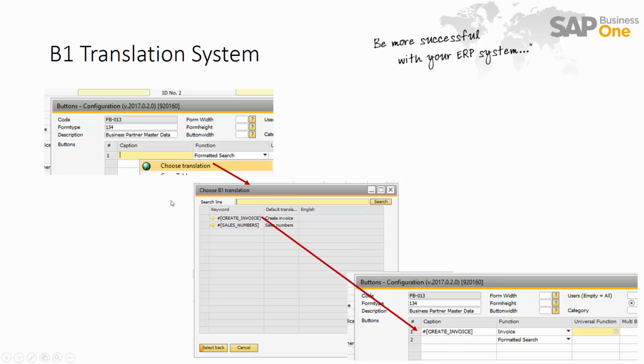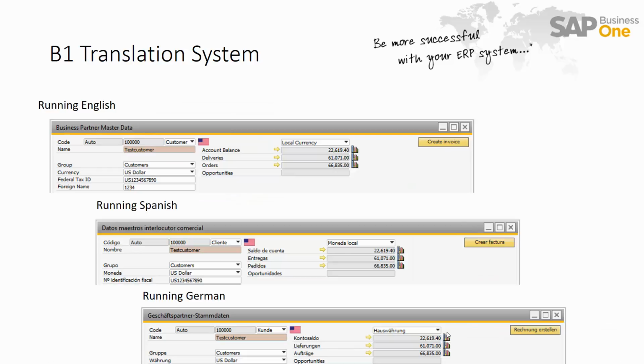So instead of writing create invoice as you would in the past, you write it with the specific keyword syntax we have here. This will result in that if you're running English in your Business One, it will say create invoice. If you're running Spanish, it will say create invoice in Spanish instead. Or if you're running German, it will say it in German instead.